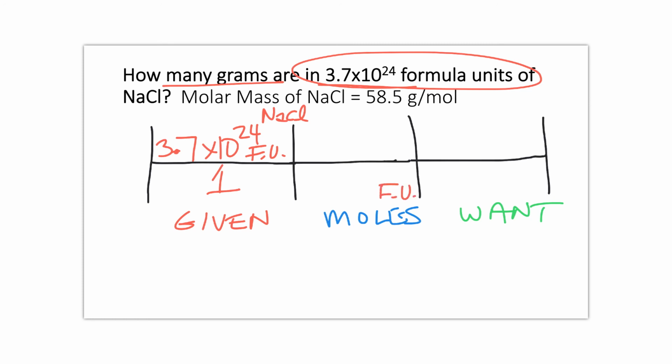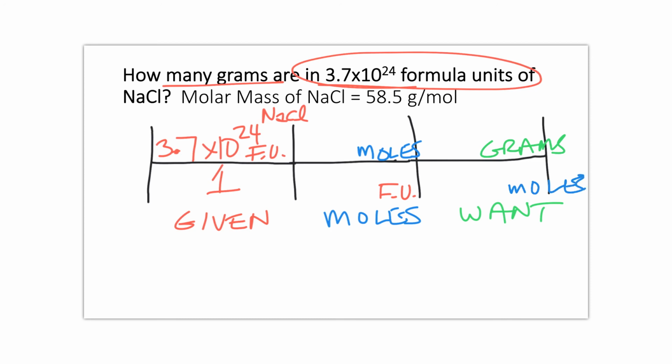And what do we have to convert to? Well, that is the word moles. Now, if you were to do this half right here, you would convert the formula units to moles. If you were to do this half right here, you're going to convert from moles to grams. And then the moles goes down here.